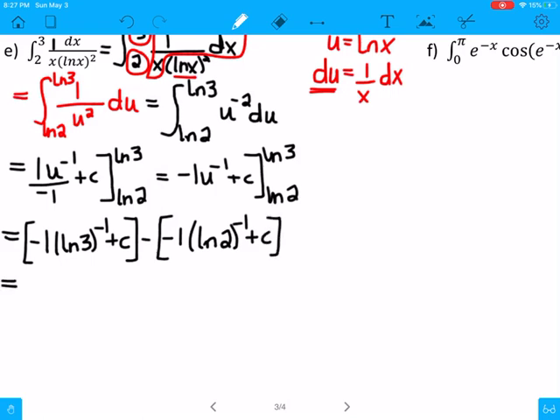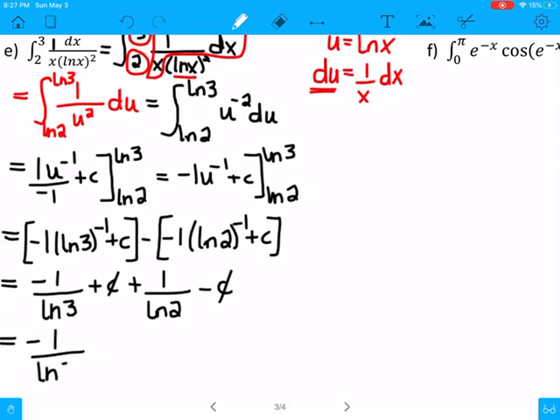And so I'm going to get negative 1 over ln 3, because I can just drop that to the bottom and make it positive, plus c, minus a minus 1, so plus 1 over ln 2 minus c. C's cancel, and my answer is negative 1 over ln 3 plus 1 over ln 2.